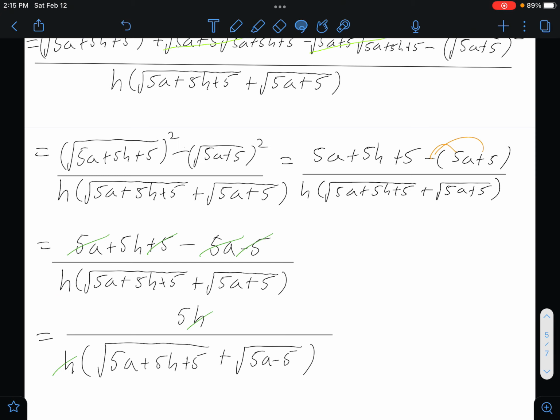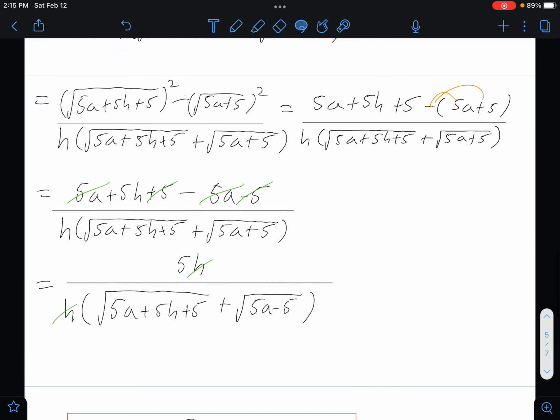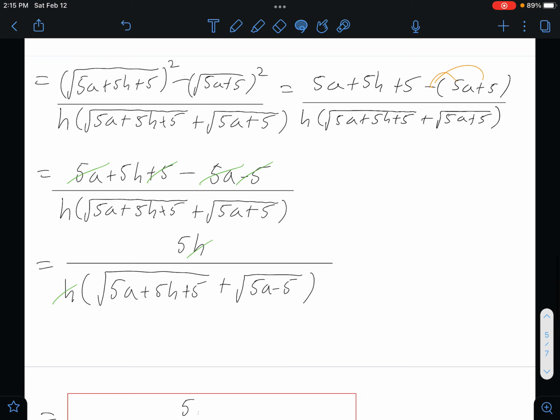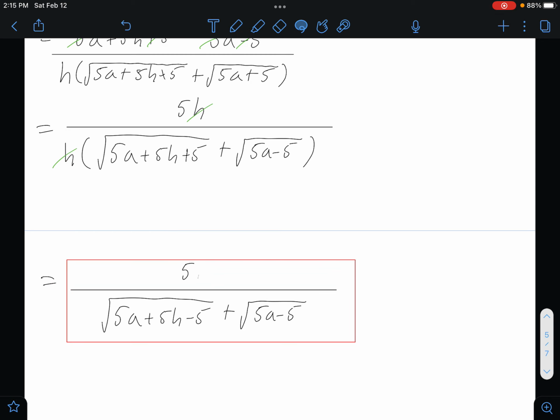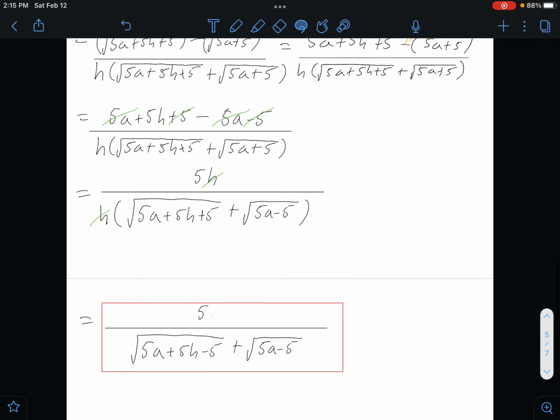Because we're going to reduce fractions, reduce our rational expressions later on. That way we want to leave things in factored form. And we get our result with 5 in the numerator, and then radical 5a plus 5h plus 5 plus radical 5a plus 5 in the denominator. And that is the difference quotient for a radical function.